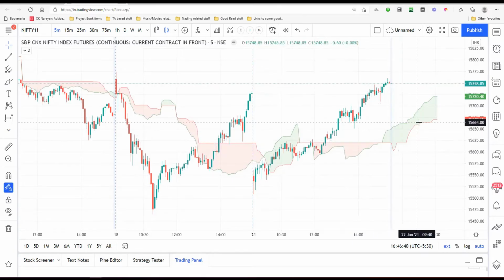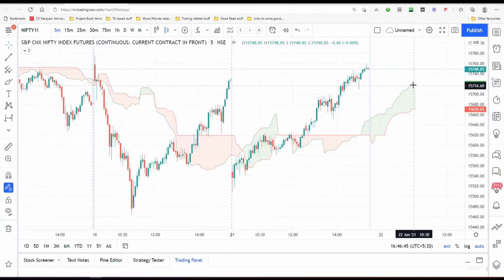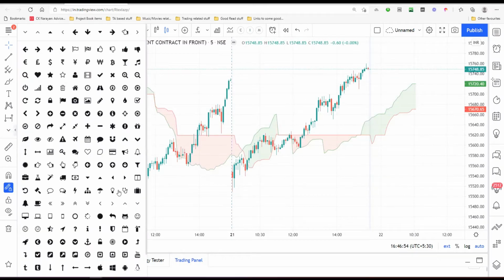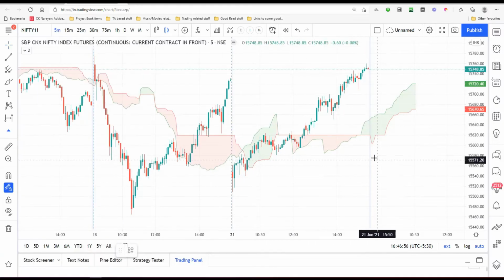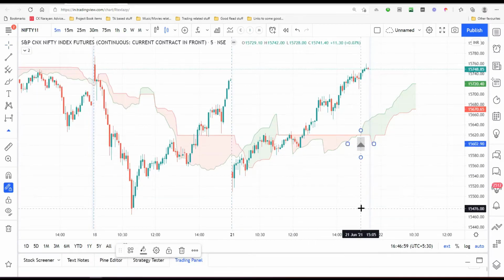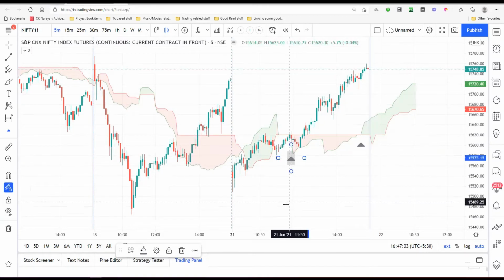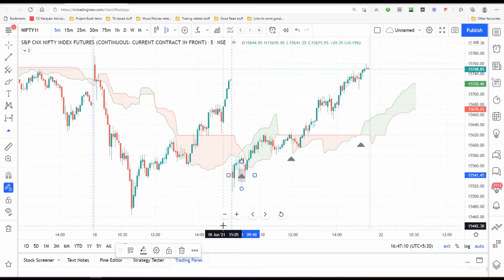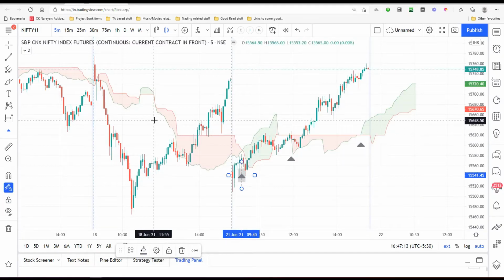So when this changes, this is Senkou Span A and Senkou Span B. When they cross over, this is called a Kumo flip. So if you notice, you have, let's say, a Kumo twist here, and then a Kumo twist here to the downside, and then a Kumo twist here to the upside, and then a Kumo twist here to the downside, and so on and so forth.